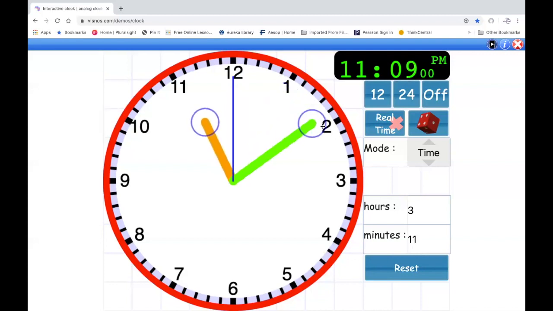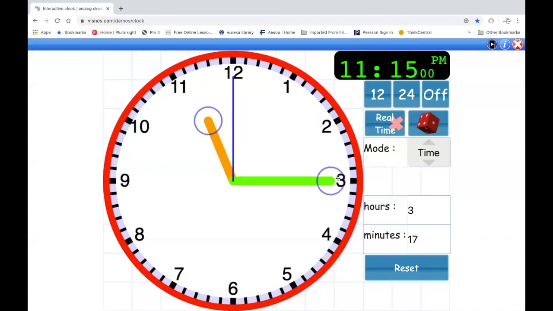When the minute hand moves to the 2, I look at my hour first. We always read the hour first. We can say it's 11. Now 5, 10. It's 11:10. When it's on the 3, we say it is 11:15 or quarter after 11.